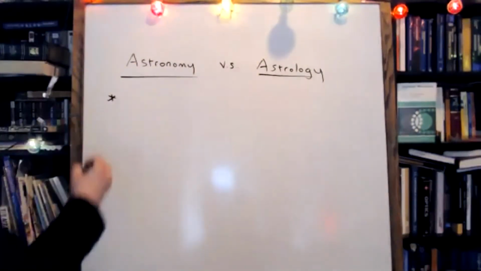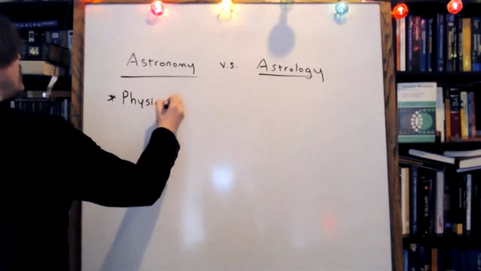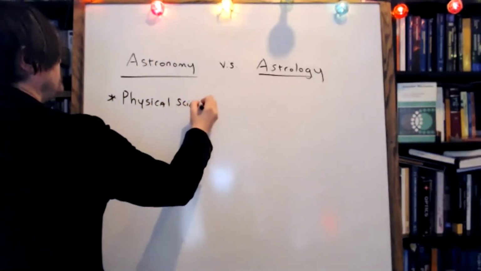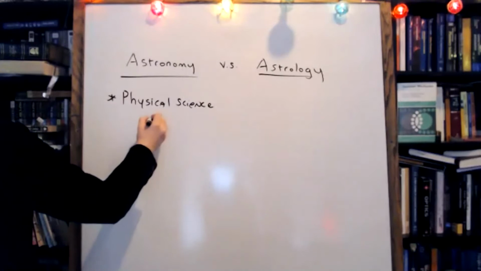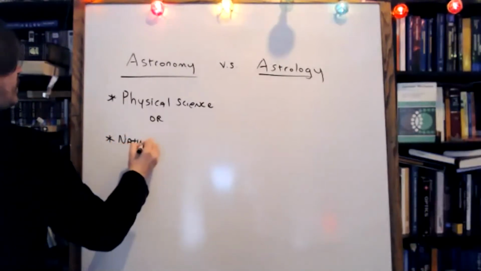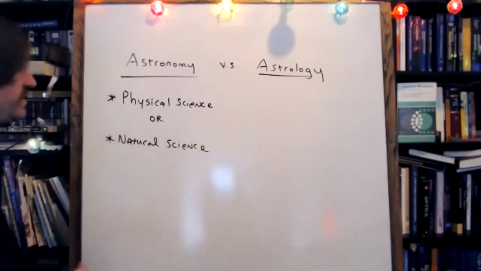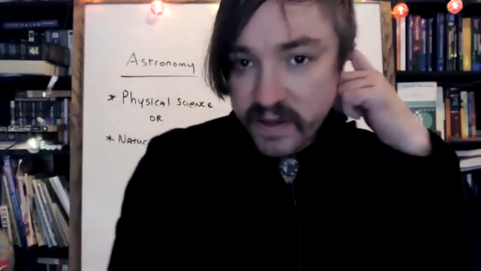There are actually different types of science. Astronomy has aspects of a physical science. It also has aspects of a natural science. And there's a slight difference between those two things.